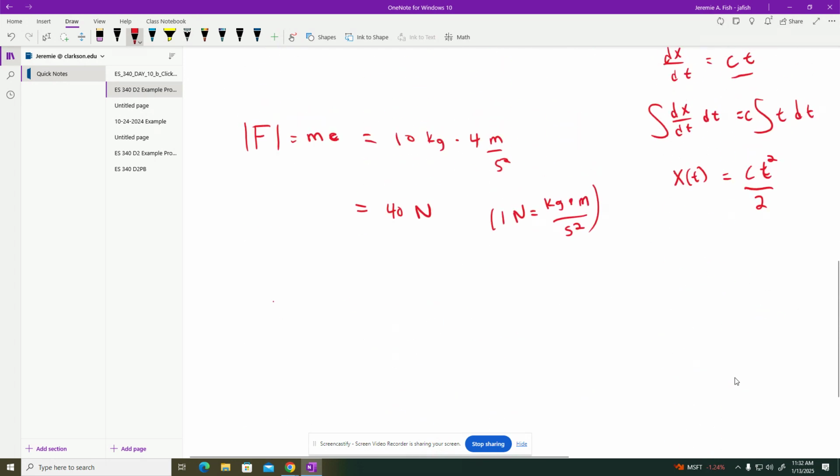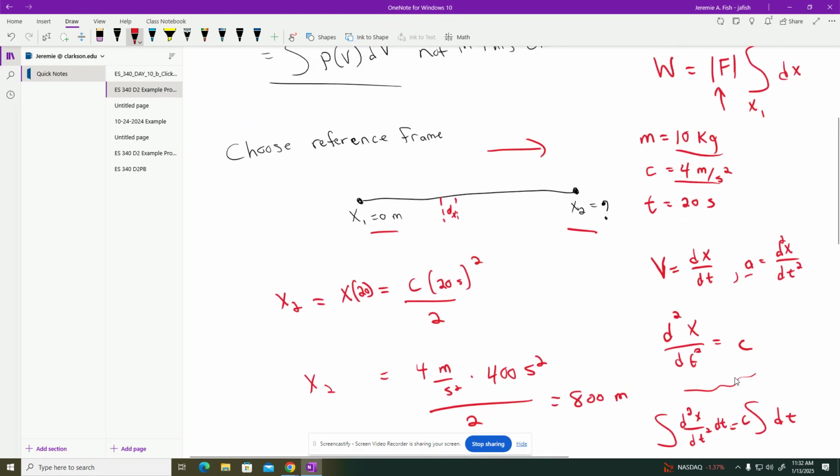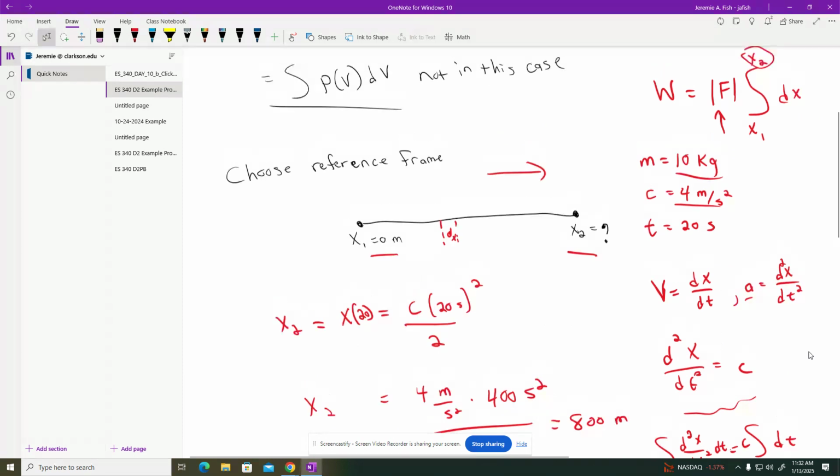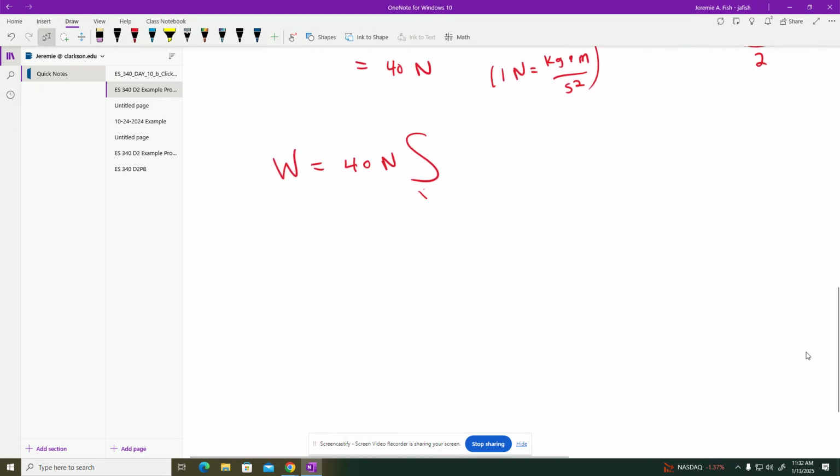Okay, so that means that my work done must be equal to that magnitude of the force, which is 40 newtons, times the integral from x1 to x2 of dx, which is obviously a very simple integral. So that's equal to 40 newtons times x2 minus x1.